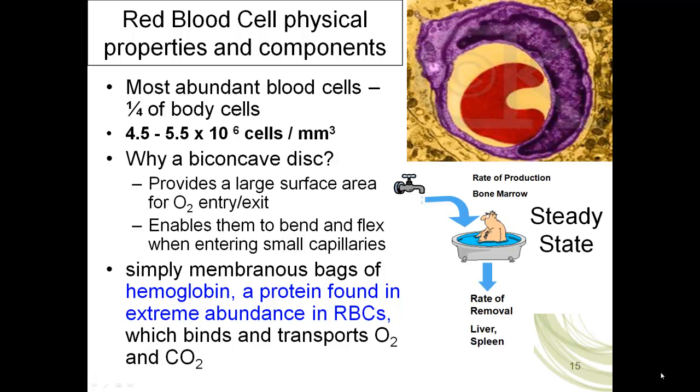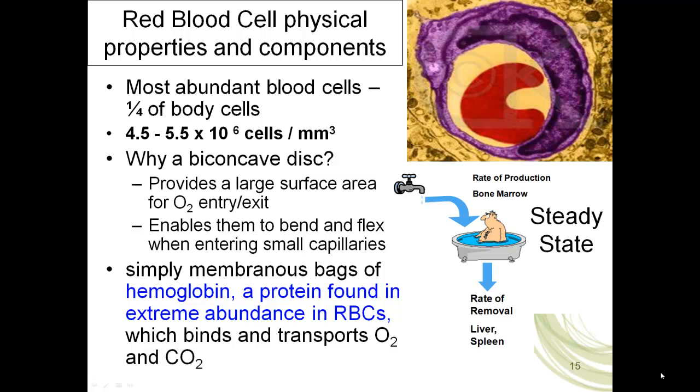The red blood cell shown here in this top right picture is folded over on itself. I told you the mean corpuscular diameter is about 7.5 microns, and that is still too large for red blood cells to get through a typical capillary bed. So the biconcave disc shape allows a red blood cell to kind of fold over itself so it can shimmy its way through a capillary bed.